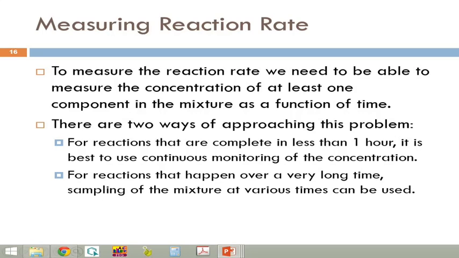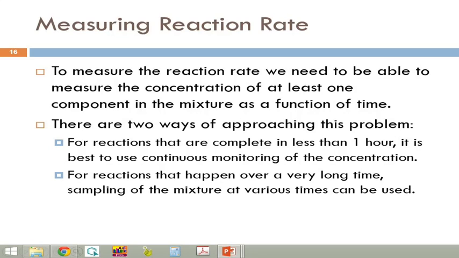It doesn't matter which one. So we just need one of the components. We need to be able to measure that concentration as a function of time. There's two basic approaches to this. For a fast reaction, perhaps something that's going to be finished in less than an hour, that would be considered a fast reaction. It's probably best to use continuous monitoring of the concentration.